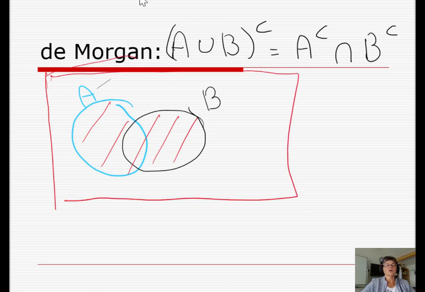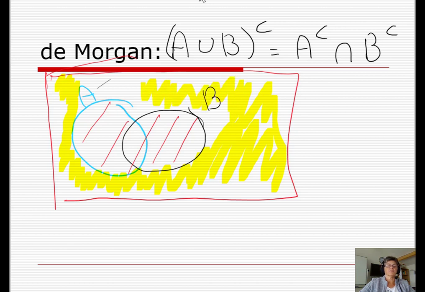So A united with B complement. And then let's make it a nice yellow color. That would be this area. And so everything outside this A united with B. And that is the first part: A united with B, complement in the universe.